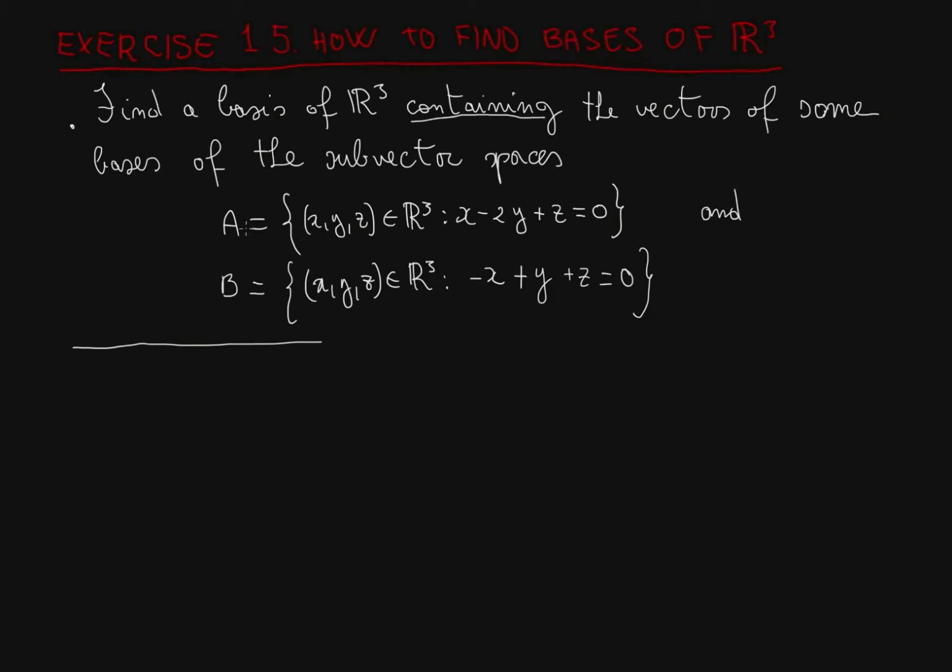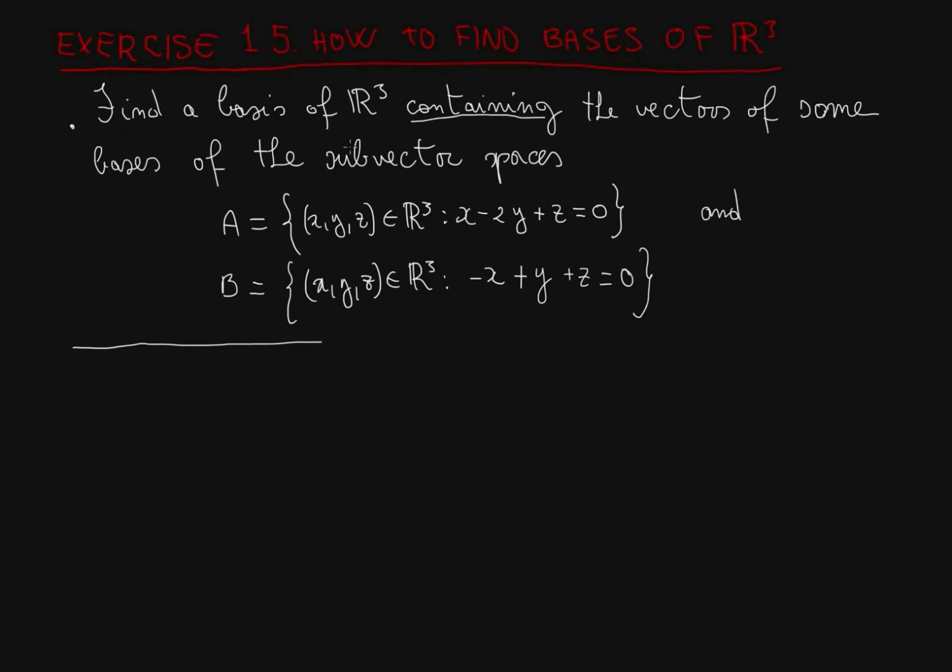So in this case the subset A comprises the triples x, y, z in R3 such that x minus 2y plus z equals 0, and B is such that minus x plus y plus z equals 0.